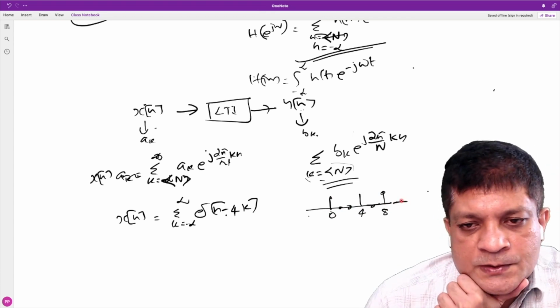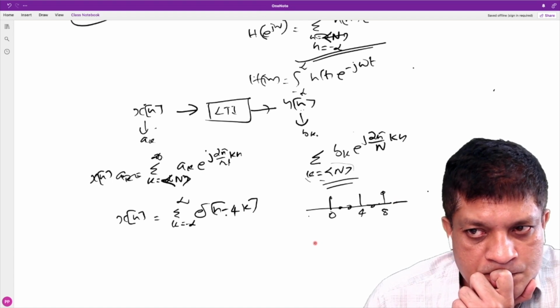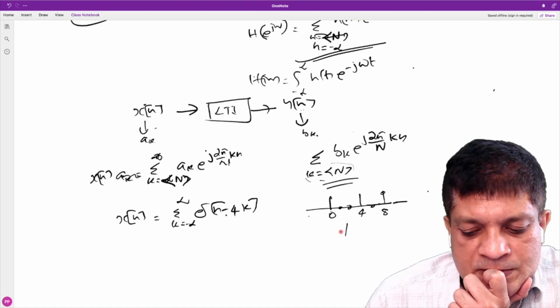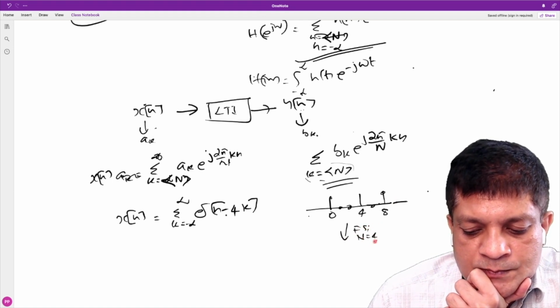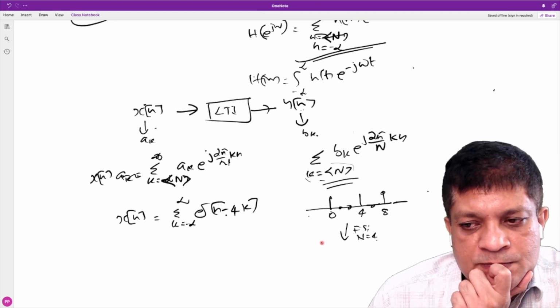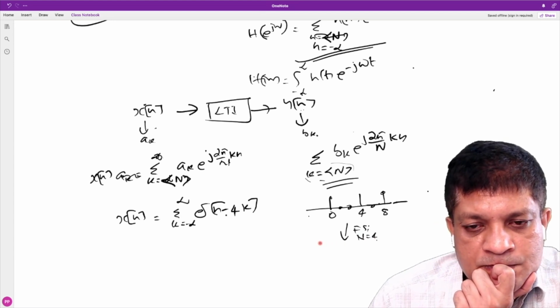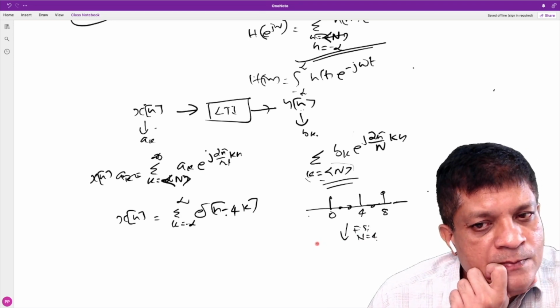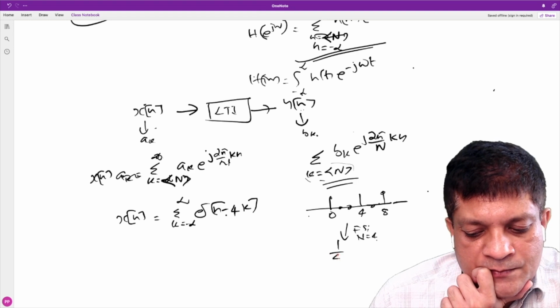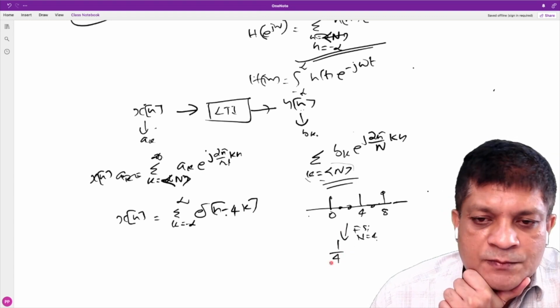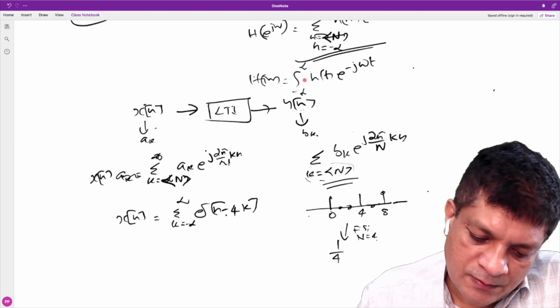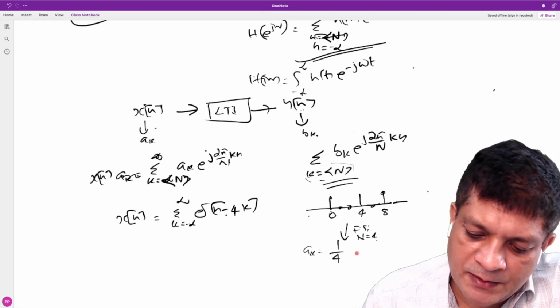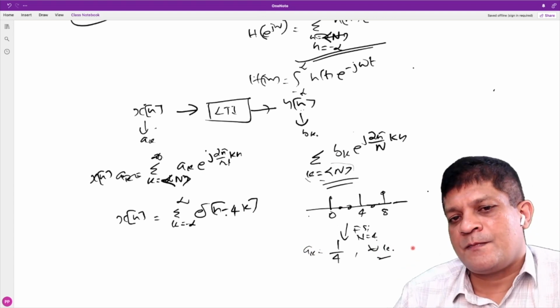If you consider the Fourier series with respect to period 4, what are the Fourier series coefficients? For an impulse train, is it 1 by 4? Yes, sir. It is 1 by 4. It is constant: if you denote it by a_k, then a_k is 1 by 4 for all k. Okay.